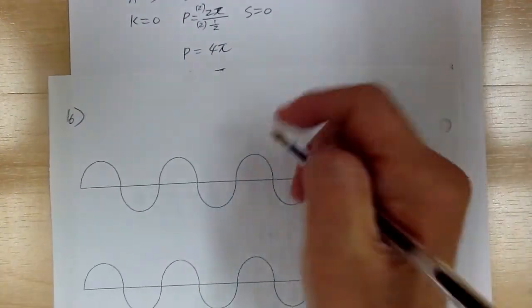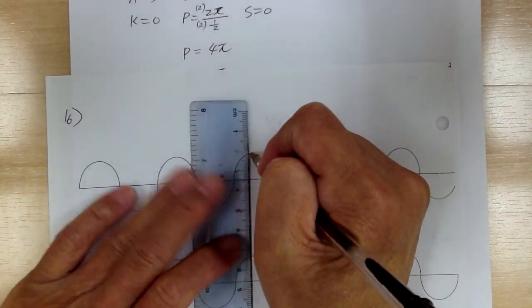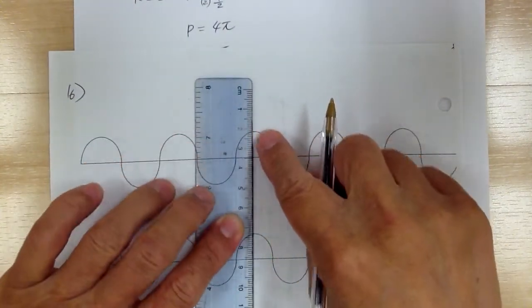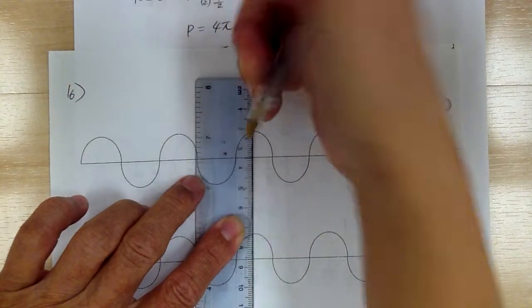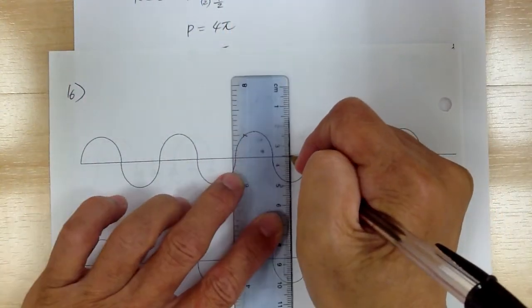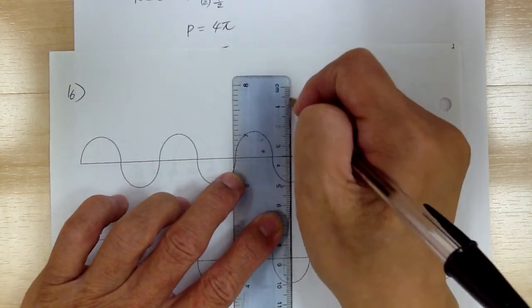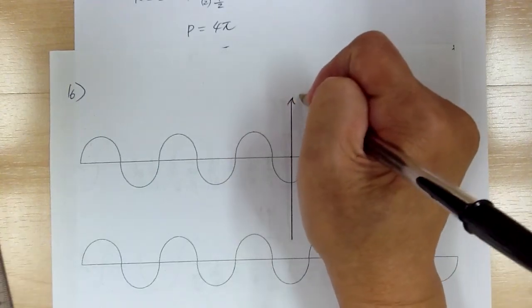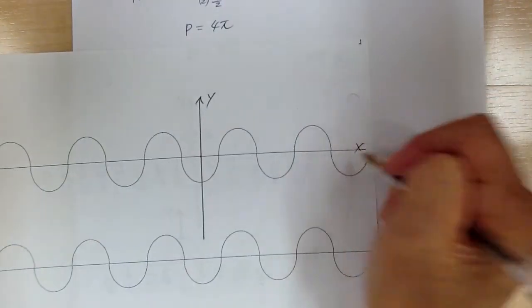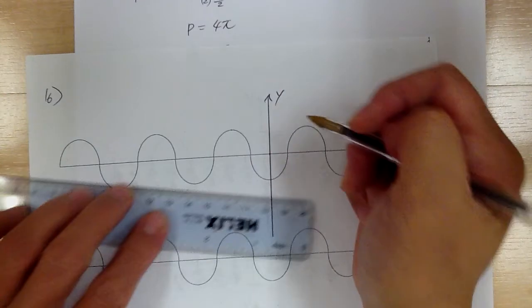So this is the negative cosine. Normally cosine starts up on the top, but because the negative flips everything upside down, that means it starts from the bottom. That's the y, this is the x. And your amplitude is 3.